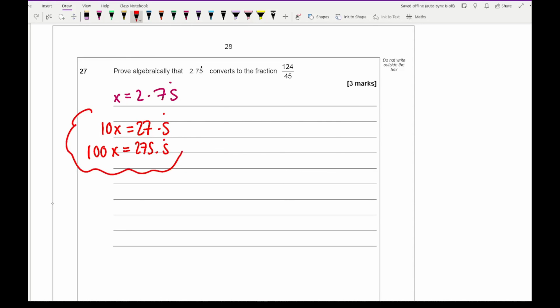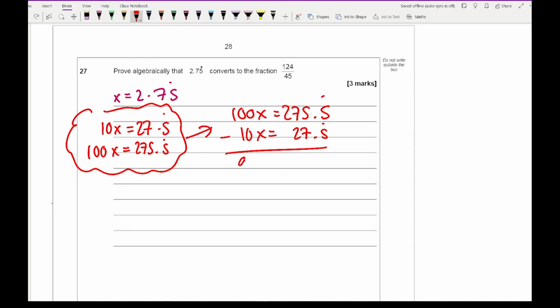Then using these, if I take the two things away, I end up with 90x equals 275 take away 27, which is 248. So x equals 248 divided by 90, which simplifies to 124 over 45, which is what they wanted me to show.